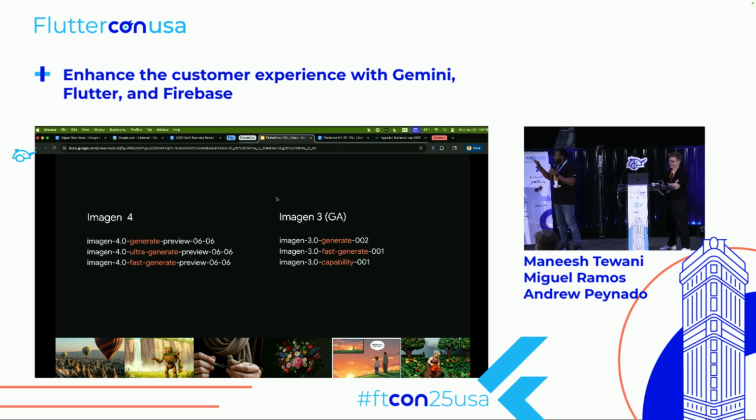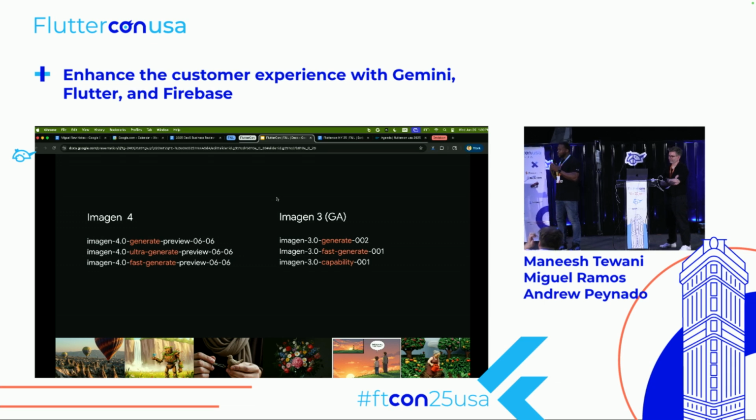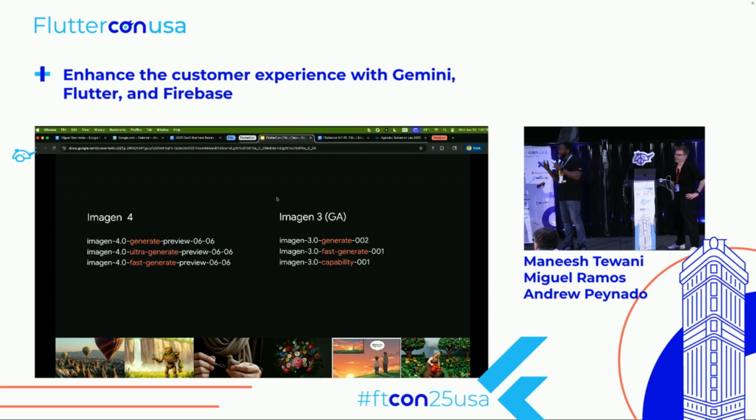The general generate models have that balance baked in by default. Or, you can use ultra generate to have more detailed, high fidelity images, and then the fast generate will be there if you want something that's quicker, a little cheaper, and you don't need the same level of detail or accuracy.